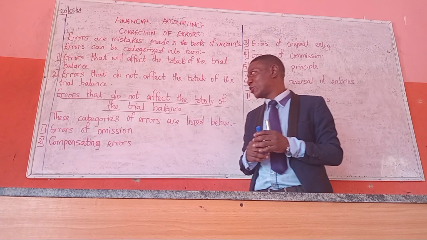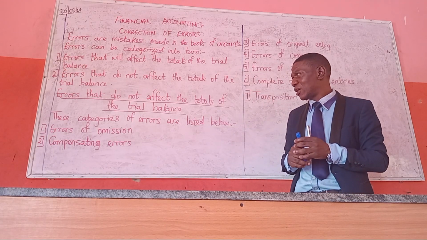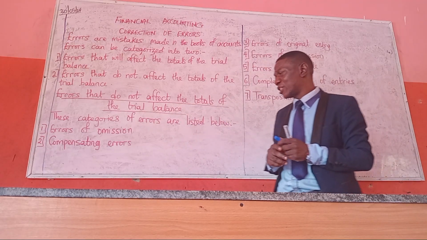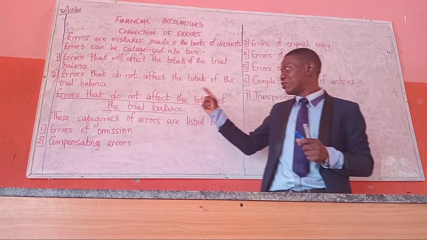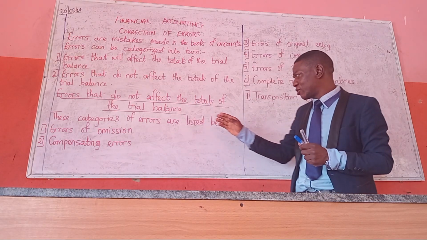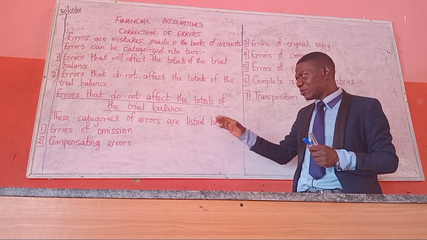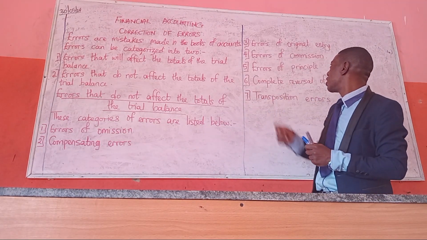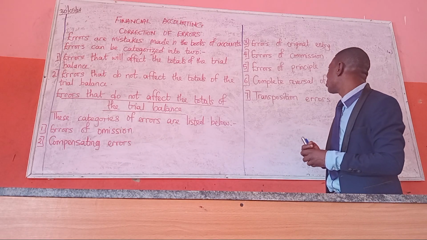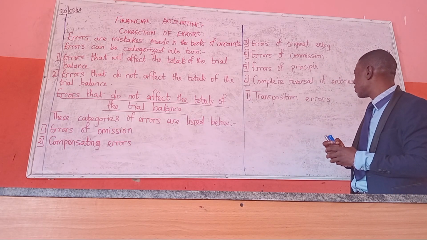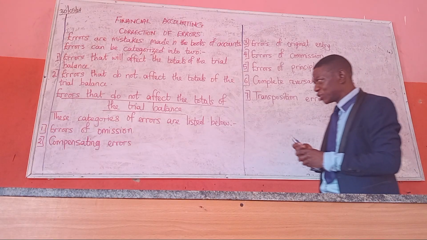The first one we are going to look at is the errors that do not affect the totals of the trial balance. These categories of errors are listed below: errors of omission, compensating error, errors of original entry, errors of commission, errors of principle, complete reversal of entries, and transposition error.